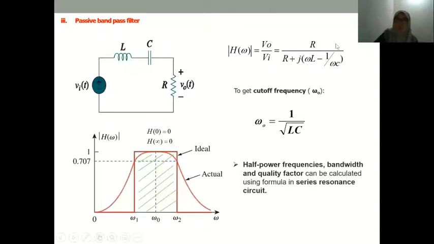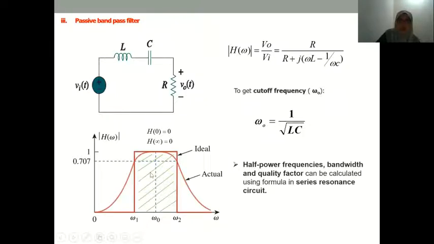You can try to substitute it. Finally, you should have the magnitude at these 2 points being 0. So you have 0 for omega at 0, and omega at infinity also 0. So you have this curve.